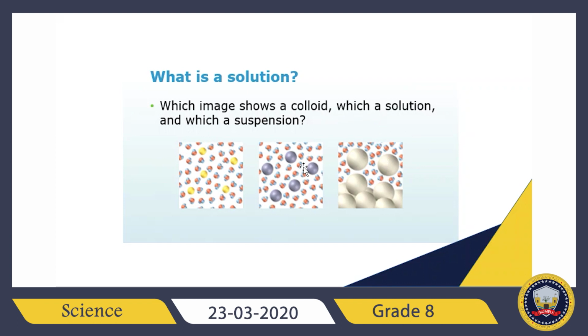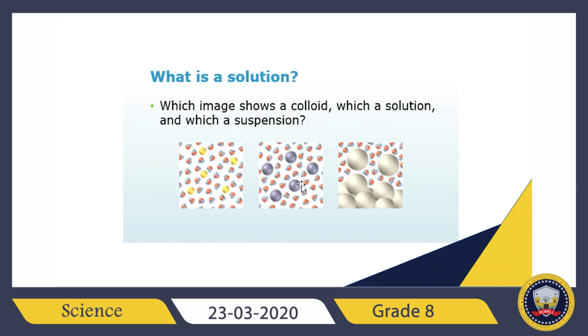We have a mixture called colloid and another mixture called suspension, and we can see here that the main difference between these three types of mixture is the size of the particles inside the mixture.